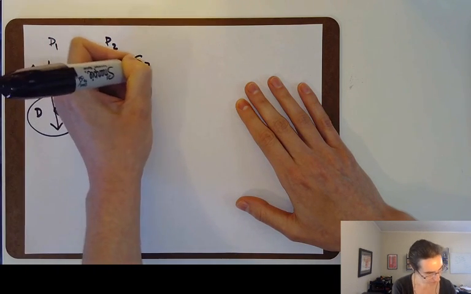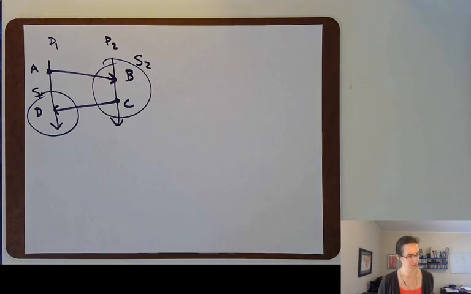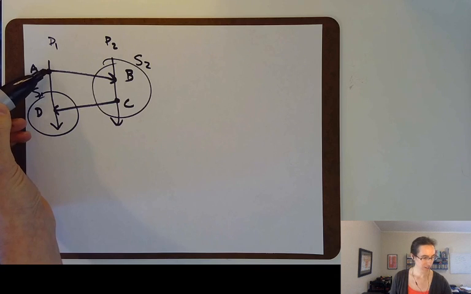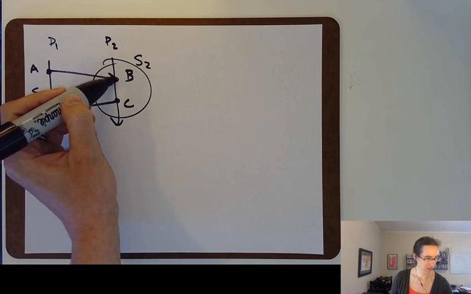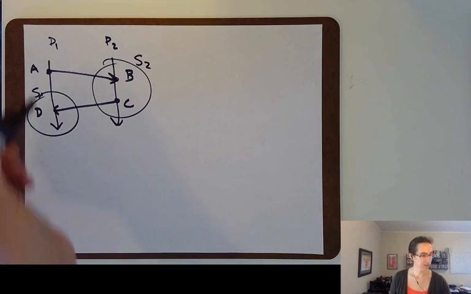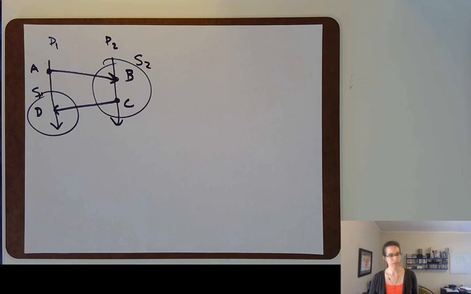If this were S2 and this were S1 over here, this would be a snapshot that wouldn't make sense, right? Because we have this A here, and then we have this B, and A is supposed to happen before B, but A wasn't captured as part of the snapshot.